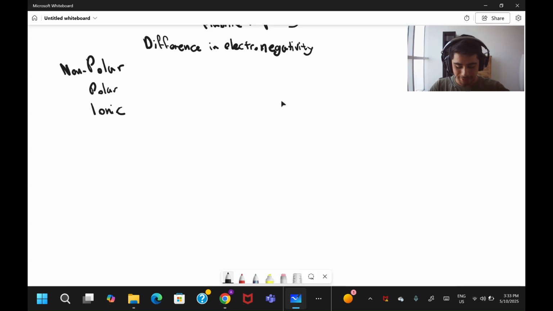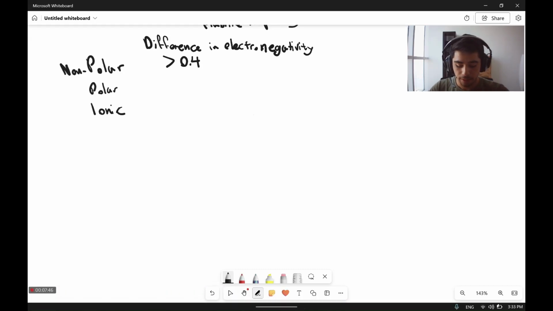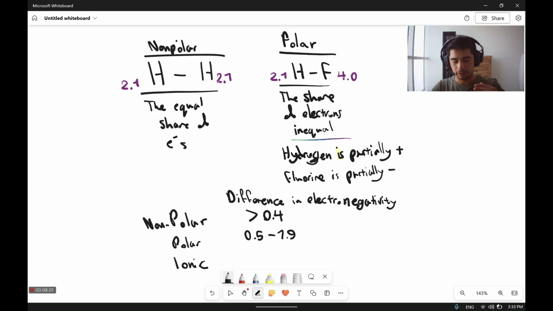If the difference in electronegativity is less than 0.4, such as the one we saw between hydrogen and hydrogen, it's nonpolar. If the difference in electronegativity is between 0.5 and 1.9, such as the one we saw for fluorine and hydrogen, where the difference was 1.9, it's a cutting edge polar bond.